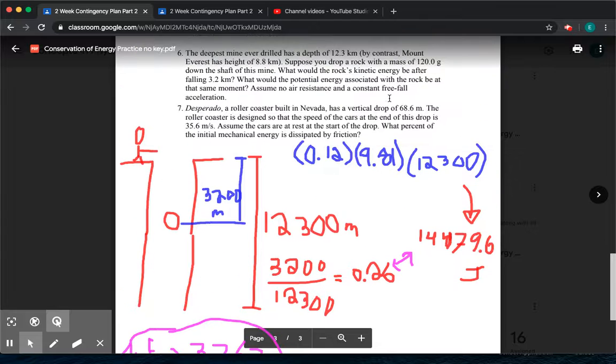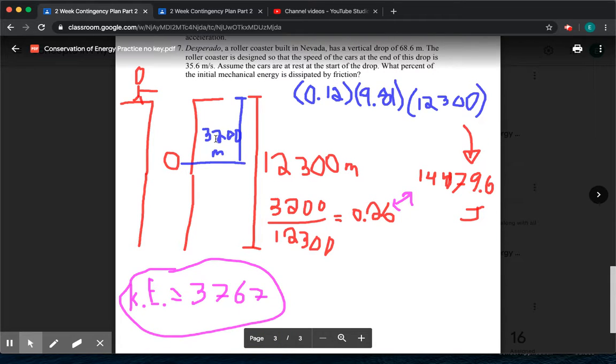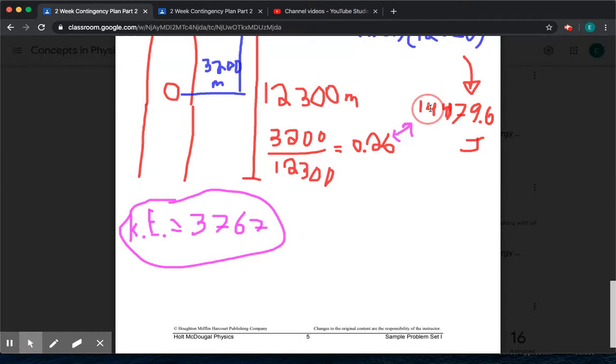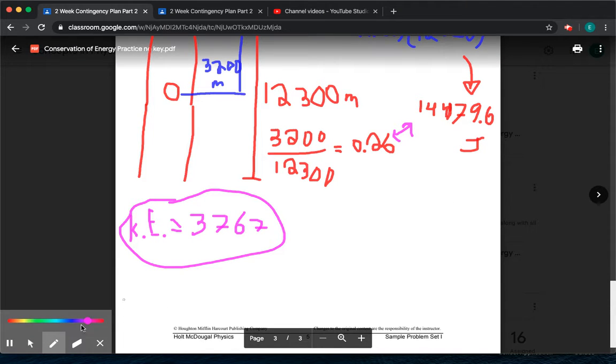It also wants to know at that same point, how much potential energy is going to be left at that same moment. So at this same height, how much potential energy is left? You just subtract these numbers. So you subtract 14,479.6 and you subtract 3767. If you do that, you get that PE is equal to this minus this.